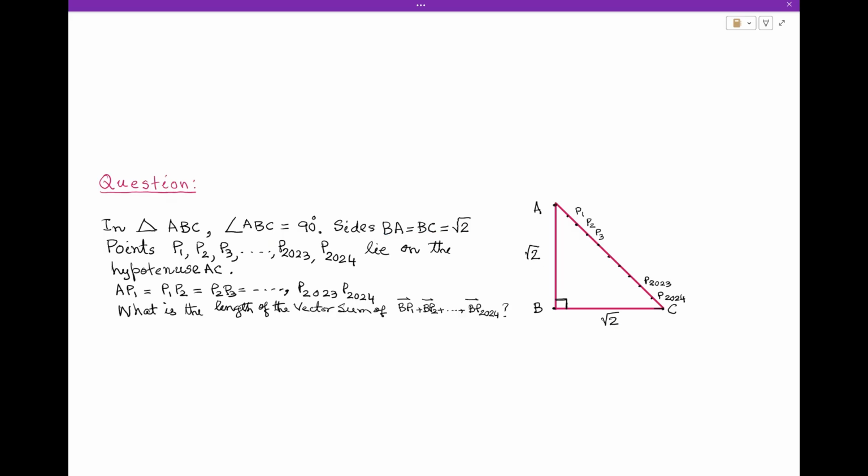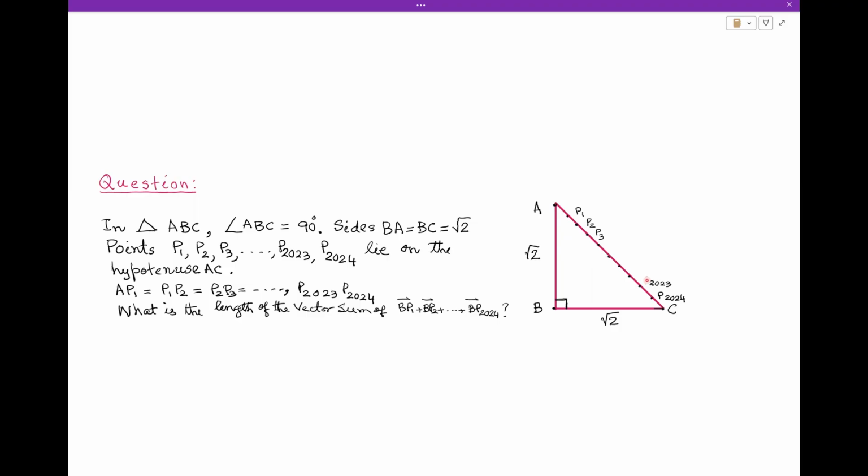Then points P1, P2, P3, P4 up to P2023 and P2024 are on the hypotenuse AC.